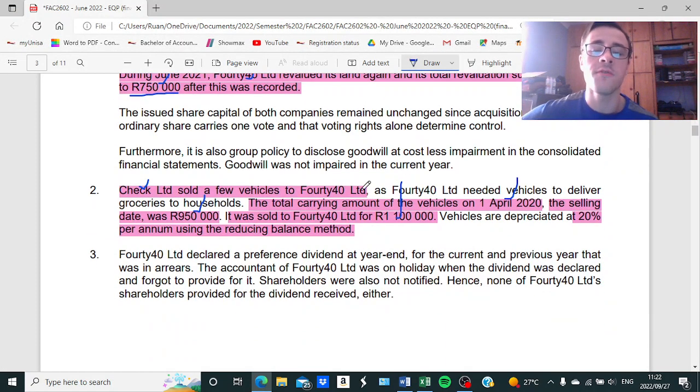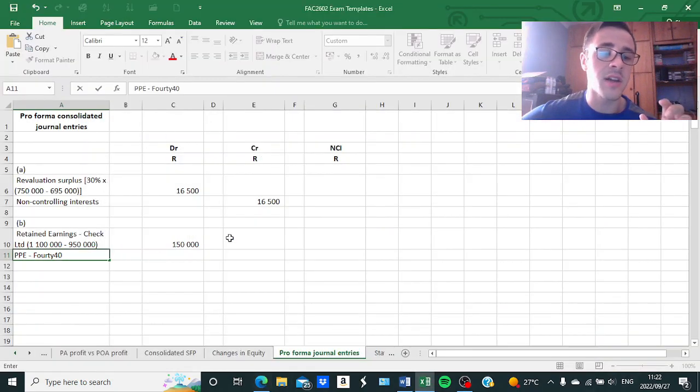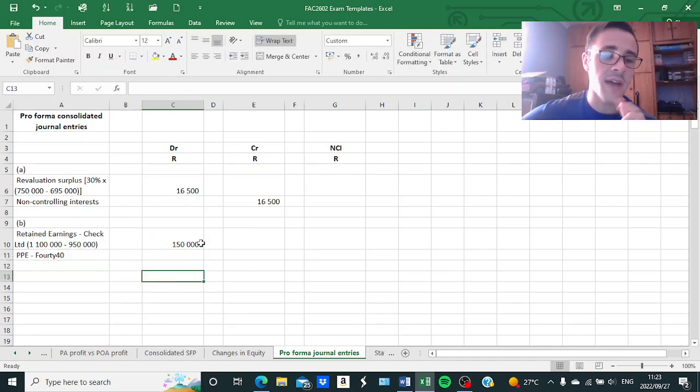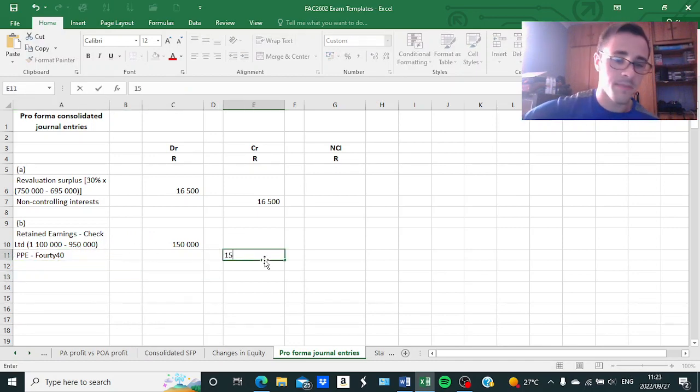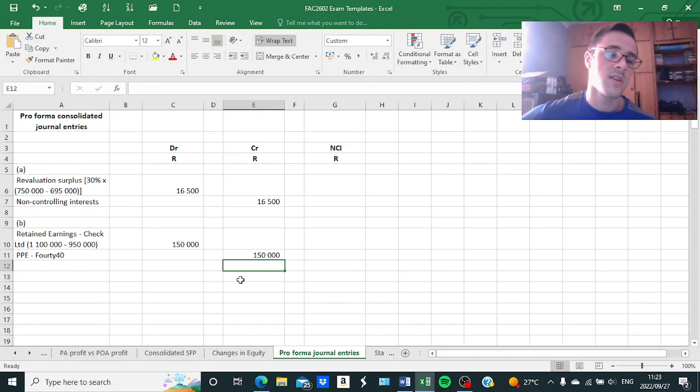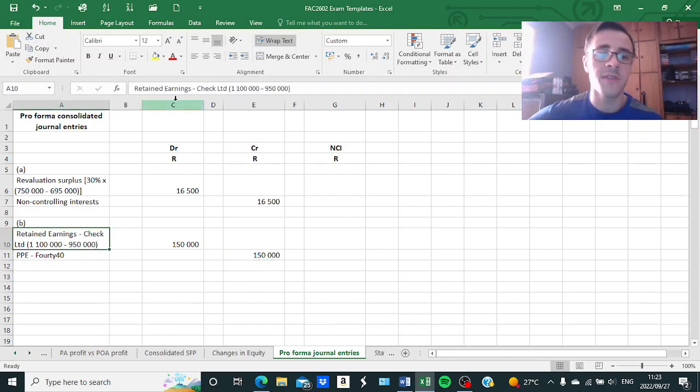So if you go and look at 4040 Limited's records, you will see that the amount of 1.1 million is shown as the cost price of the vehicles, because the vehicles were acquired at cost. But remember that it includes the unrealized profit because it was sold intra-group, and therefore we have to eliminate that unrealized profit. So to eliminate the unrealized profit, we have debited retained earnings of Czech Limited.